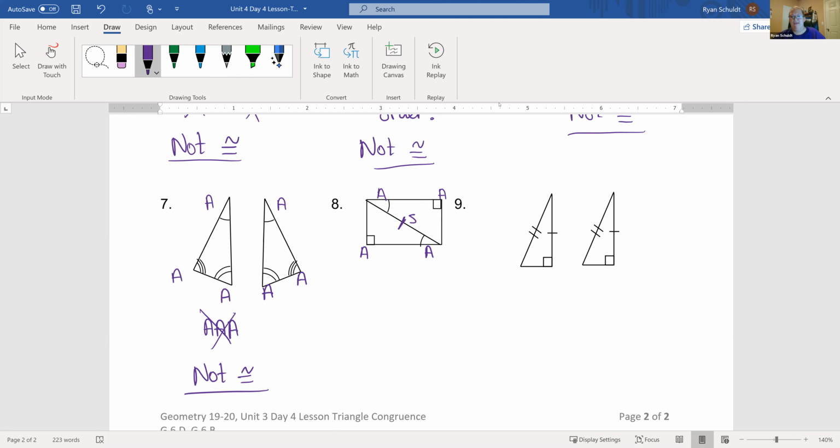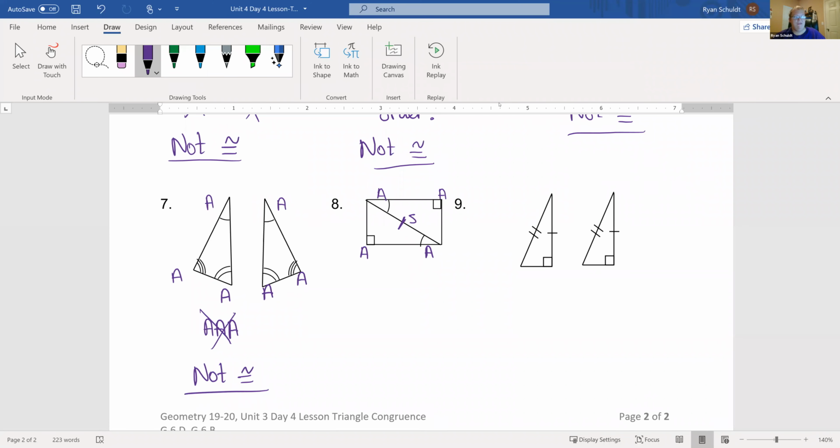So this would be congruent by angle, angle, side. Notice the side's not in between. Yes, it's a right triangle, but we don't know anything about the other legs. We only know something about 2 angles and a side.